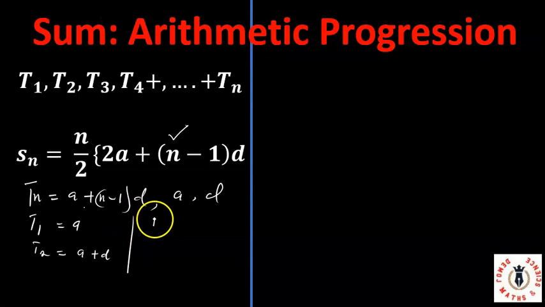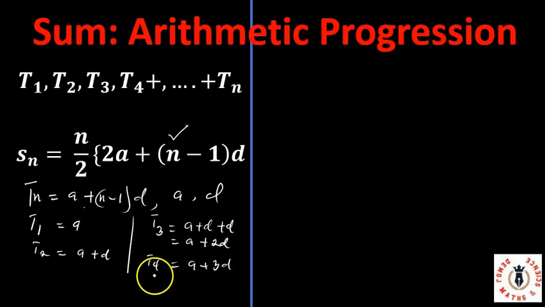Also my T3, the third term, will be the same thing as a plus d, the second term, plus d, that is a plus 2d. My T4 will be equal to a plus 3d. And it continues that way to my Tn, which will be equal to a plus n minus 1 into d.